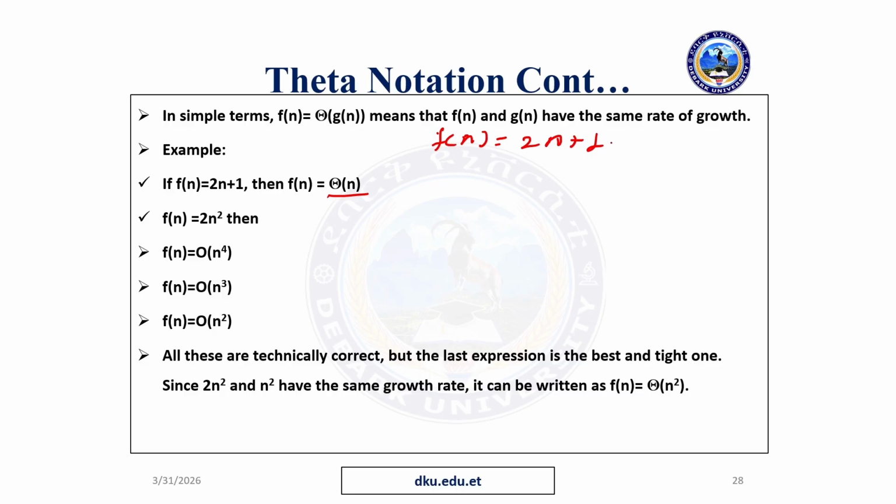It should be a tight bound between c1 times g of n and c2 times g of n. Let me rewrite the definition again: c1 times g of n less or equal to f of n less or equal to c2 times g of n.